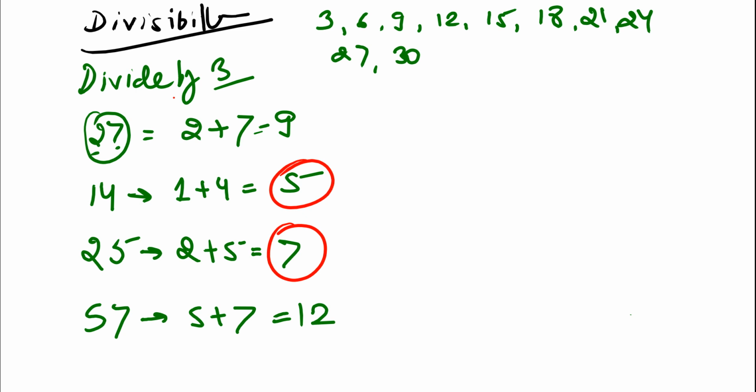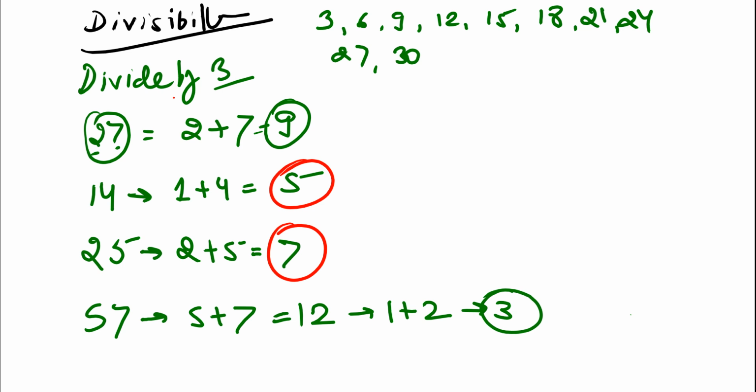Let's take another example. Suppose I am taking 57. 5 plus 7 equals 12. For simplicity, you can break it down as 1 plus 2, that is equal to 3. So 3 is in the table of 3 itself.